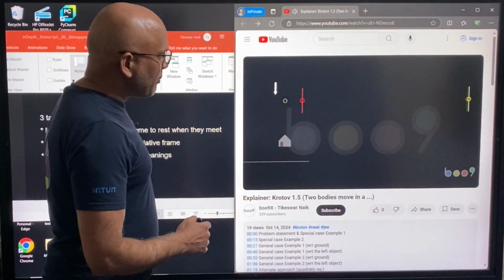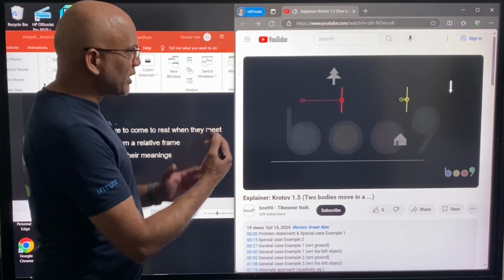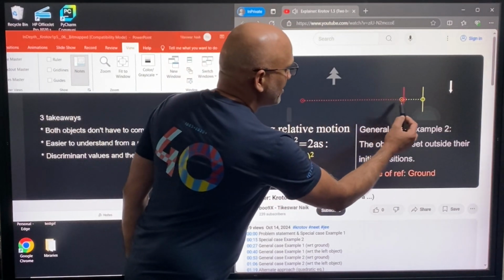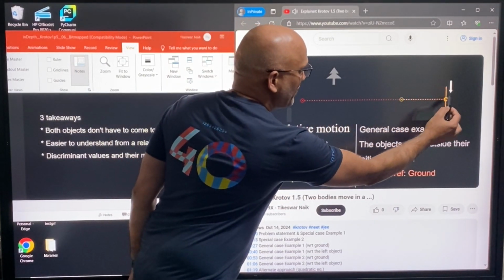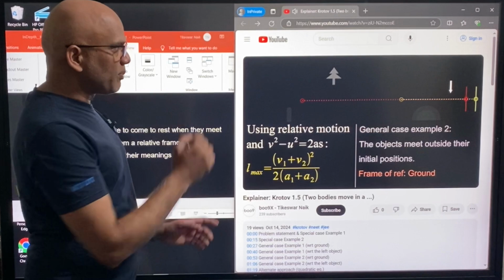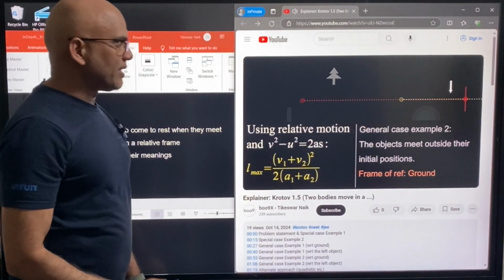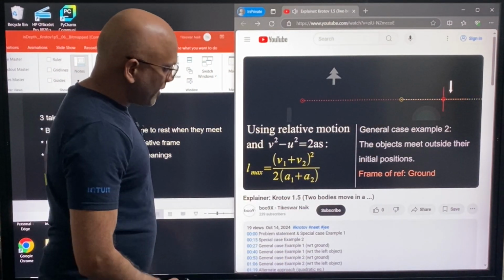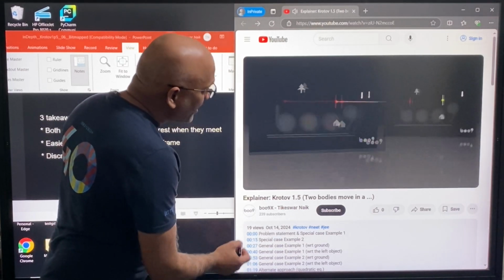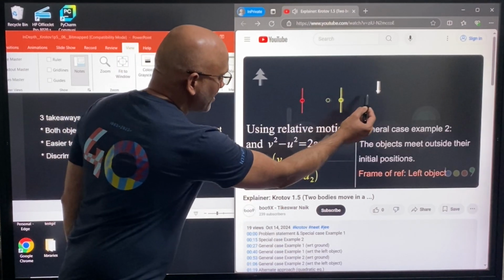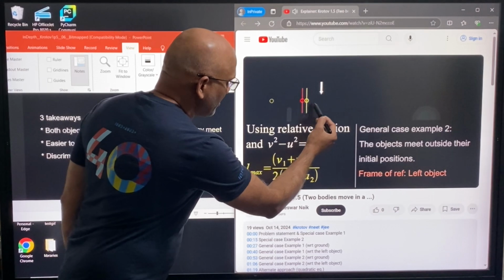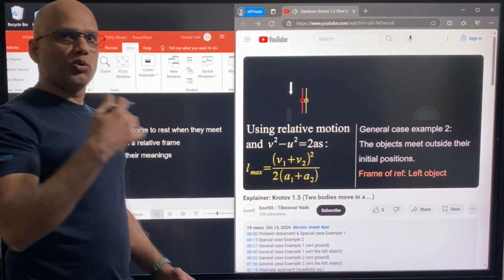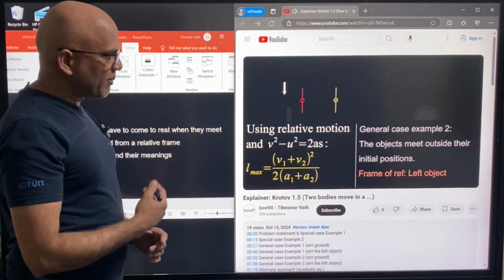I'll show another example where they don't have to come to rest when they meet. See, this is going and they meet here and both are still moving, right? But that is one point that they meet. Again, from a relative frame, it still meets and goes back. It's easier to visualize from a relative frame of reference.